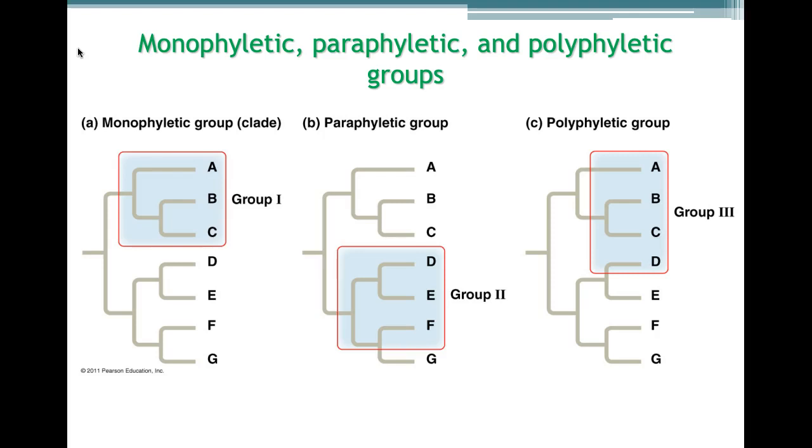And finally, letter C: these highlighted organisms do not include the most recent common ancestor, and it also includes an organism that doesn't have a recent ancestor, which would be letter D on that tree. Looking at the three options and trying to figure out which one to derive a cladogram from, monophyletic is the best option because all of the organisms are derived from a recent common ancestor.